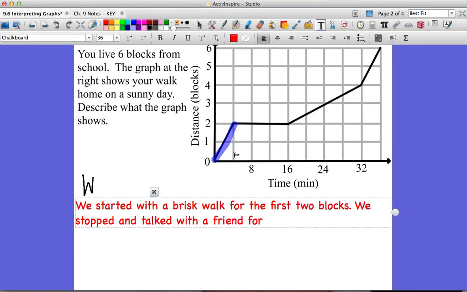We started here with 4, so each of these increments is 4 minutes. We didn't stop and talk for 16 minutes. We actually stopped and talked for 4, 8, 12 minutes. Because it takes us 12 to get from 4 to 16. We stopped and talked with a friend for 12 minutes.